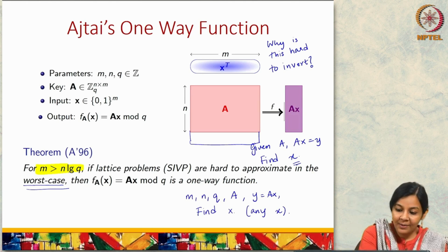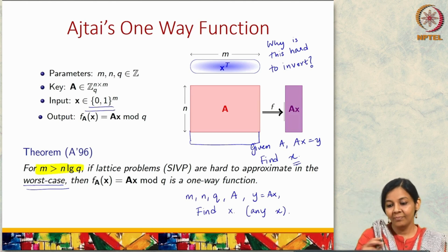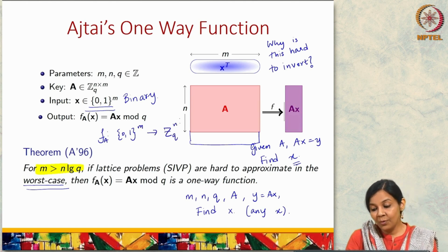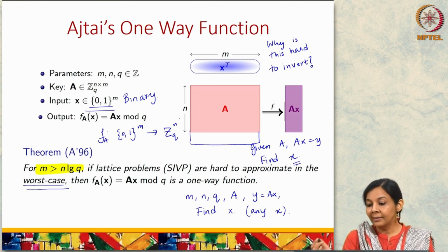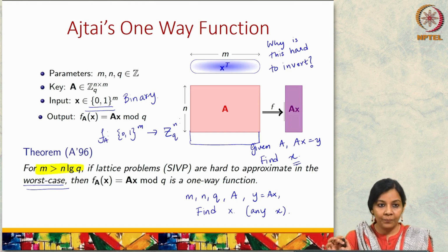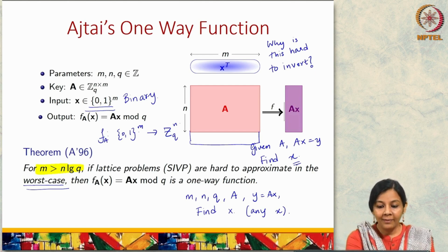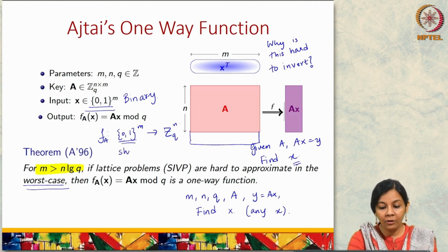Why can't I just do Gaussian elimination and solve for x? It is because the domain of my function is {0,1}^m to Z_q^n. If I do Gaussian elimination and find some x using that, it will be over Z_q, in Z_q^m. Now try to intuit the connection with the problems we have seen before. This x needs to be low norm, it needs to be a short vector.